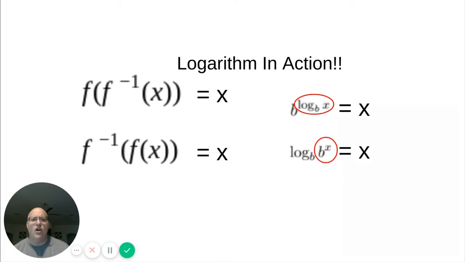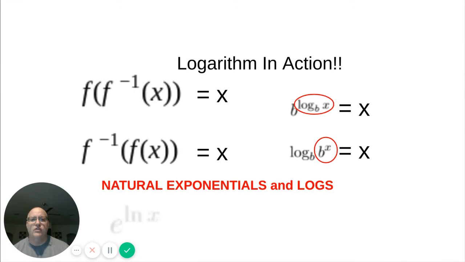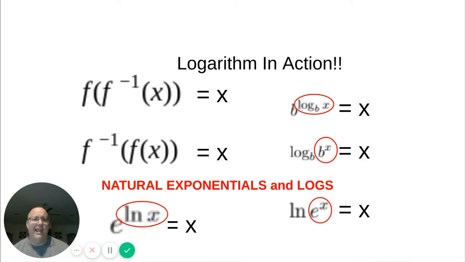I just want you to know that logarithms and exponentials undo each other. And of course, if I do the natural exponential and natural log, e to the power of the natural log of x is just equal to x. You'll see that as trick questions on your SATs and calculus type problems. Or the natural log of e to the power of x, that's just equal to x.